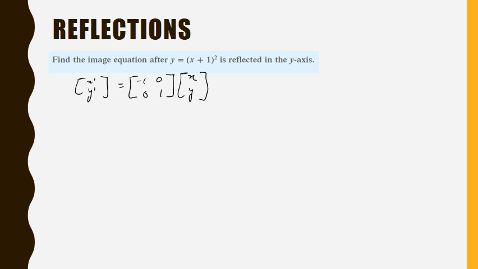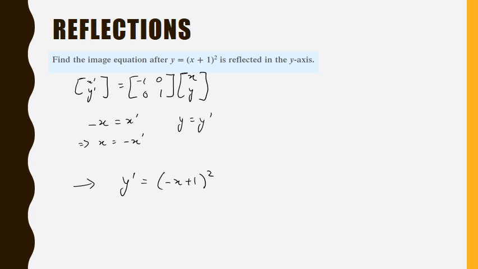So we have negative x equals x'. So then x is equivalent to negative x', sorry. y is equivalent to y', so we can just leave that. So then putting this into the equation, we have y' equals (negative x plus 1) squared.